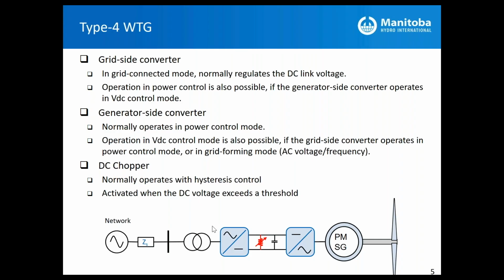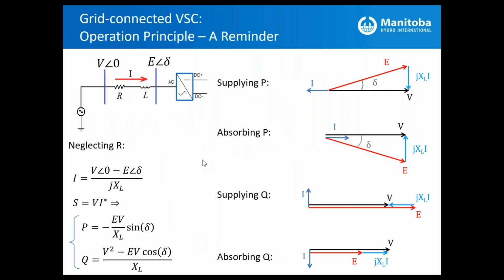But in order for the grid side converter to operate correctly, we are always relying on the basic concept of active and reactive power regulation for a voltage source converter. We need a reference voltage, which is the role of our phase lock loop, in order to make sure that our controls are synchronized.